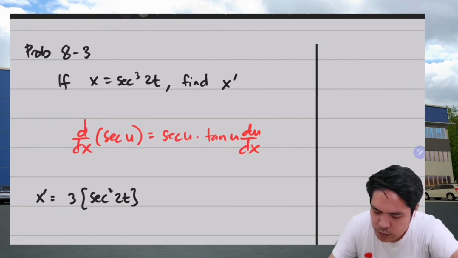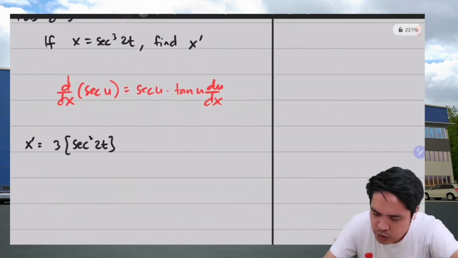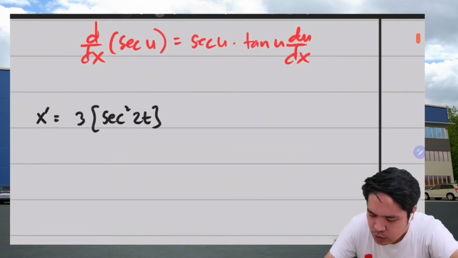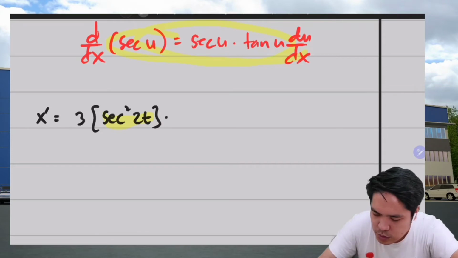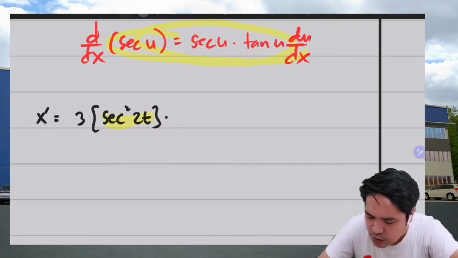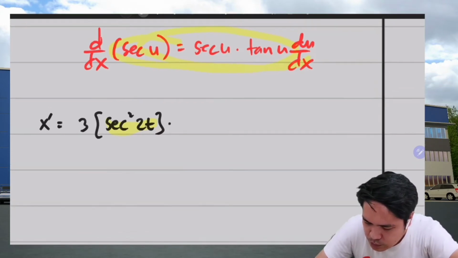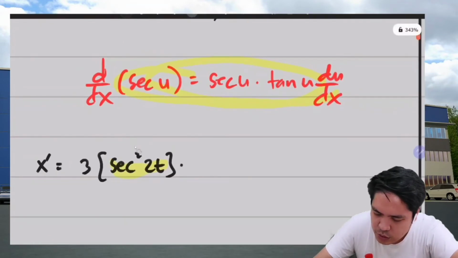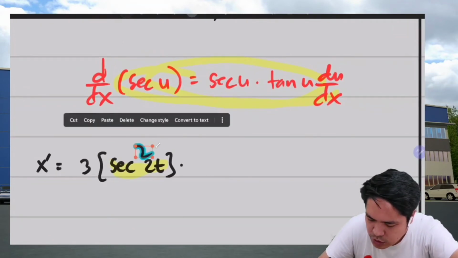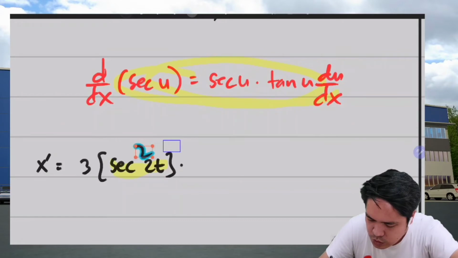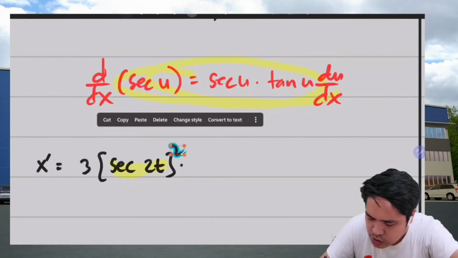Then, from there, we take the derivative of the inside, which would be applying this. So, that would be times the derivative of secant 2t. Let me put the square here, so it will not cause any confusion.